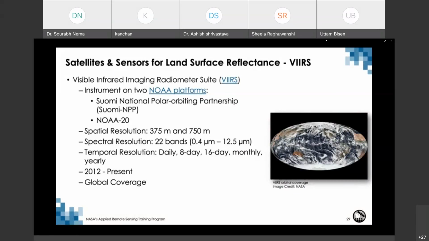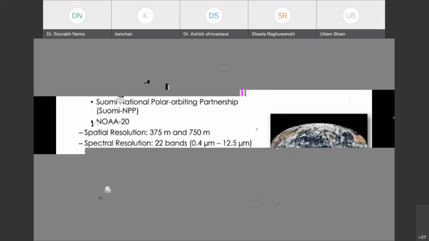The instrument was designed in part to provide continuity with the MODIS instrument and has many of the same characteristics for land monitoring. The Suomi NPP mission, shared by NASA and NOAA, is a bridging mission to the Joint Polar Satellite System VIIRS instruments. NOAA-20 was launched on November 18, 2017, and is the first of 4 VIIRS instruments in the JPSS series.